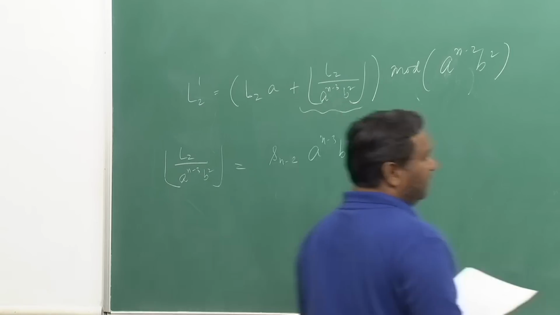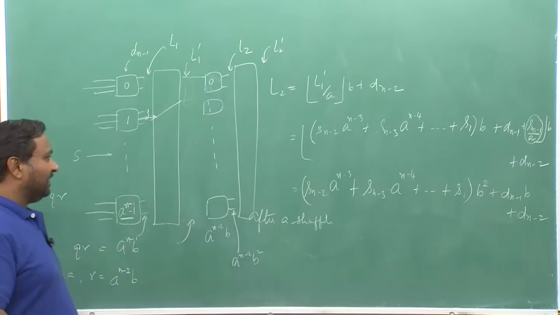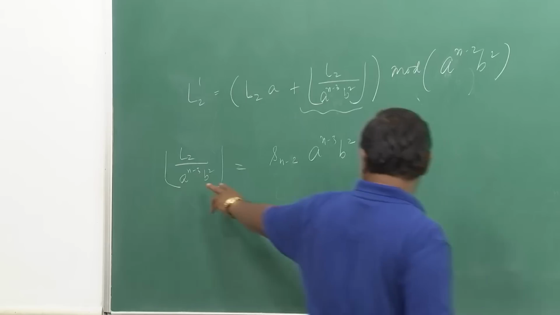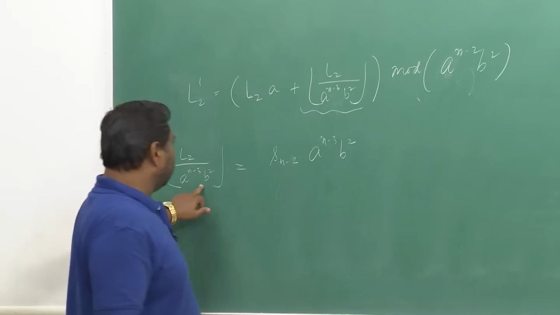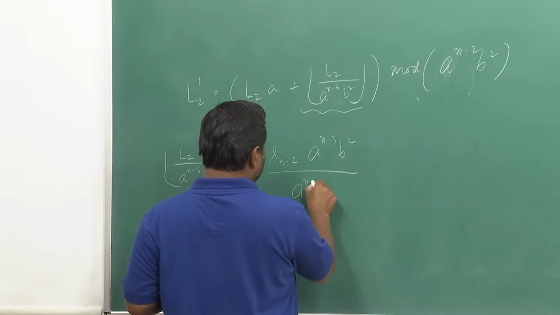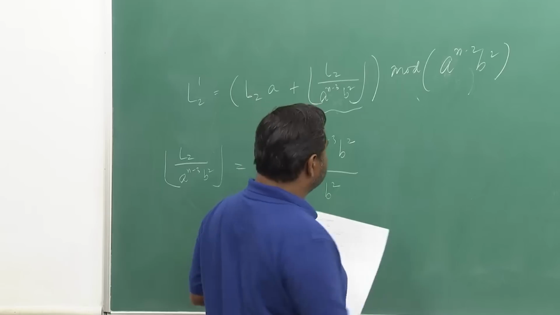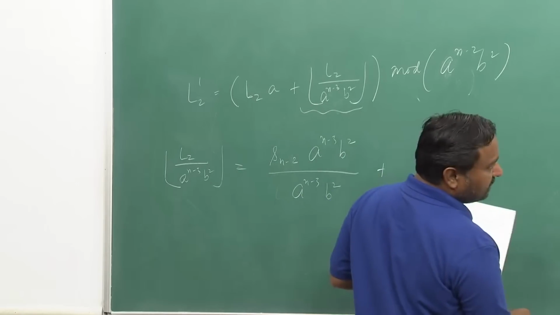So, you just expand this whole term and then we will divide by whatever is given here, a raised power n minus 3 b square. So, that was for the first one, then we keep on expanding.